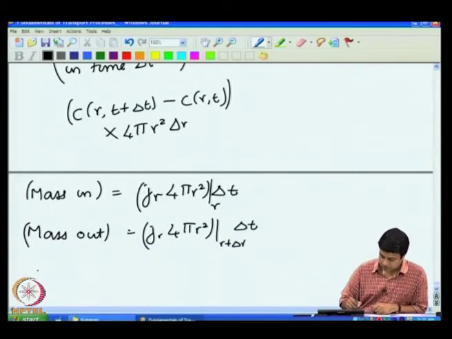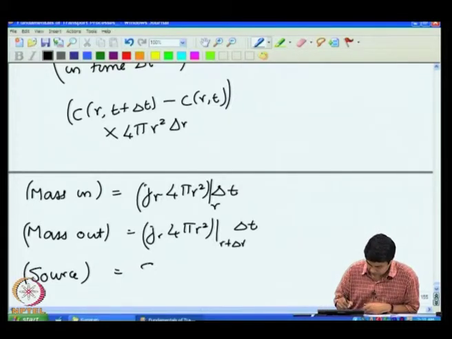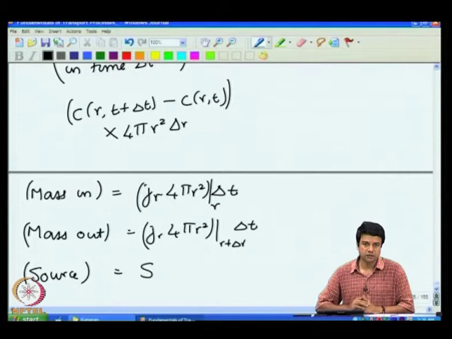And finally, I have the source. If I had some reaction taking place and the reaction rate was given by S, that is the rate of reaction per unit time per unit volume, then the total amount of material that is generated within the time delta t is going to be equal to S times the volume times delta t, because S is the rate of reaction per unit volume per unit time.